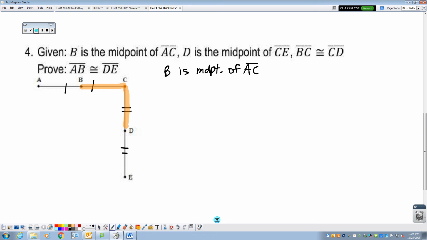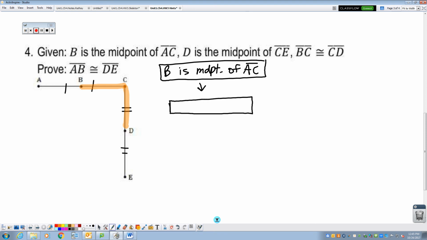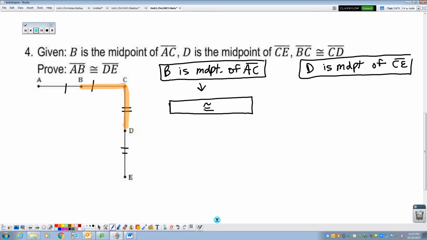B is the midpoint of AC. That was given, and it led me to some nice information, some segments that are congruent to each other. I also know that D is the midpoint of CE. That too led me to some nice information about some segments that are congruent to each other.